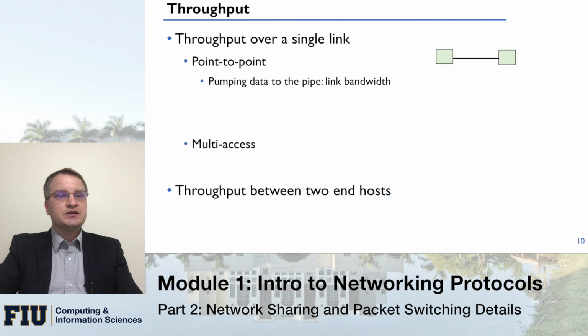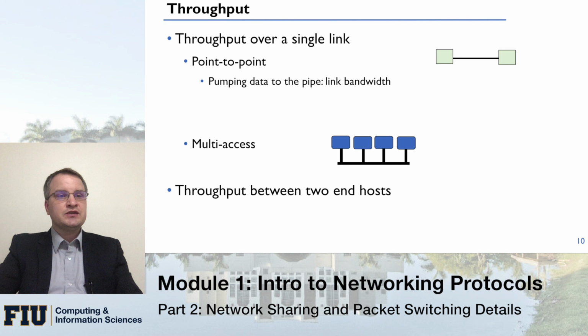So for throughput, just to reiterate, we have throughput over a single link, which is very similar to link capacity. For point-to-point links, it would be literally equivalent to the link bandwidth, because if you're the only user of that link, you can send as much data through it as you can.